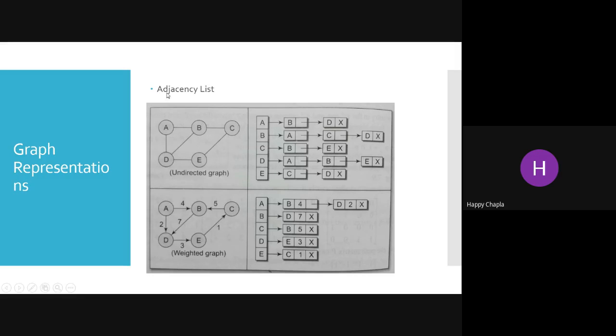So if we have an undirected graph, A can connect with B as well as D. Clear? There is no direction, but it can connect with any edge, right? So A is connected with one edge, A is connected with another edge.